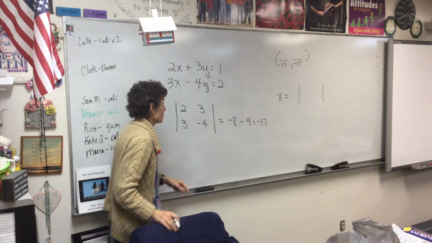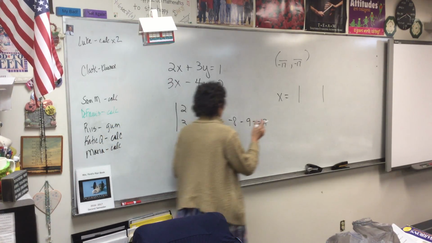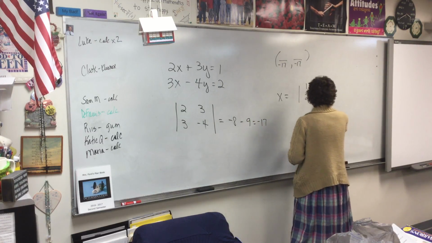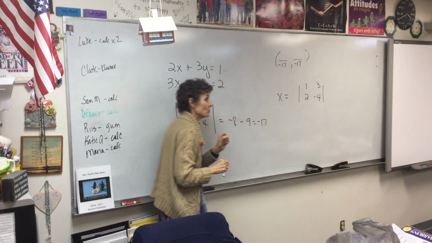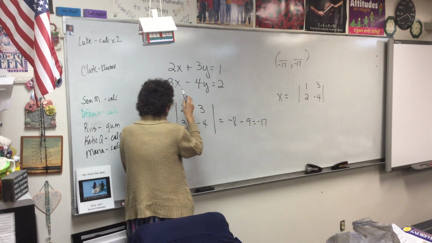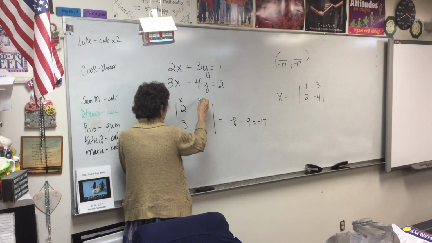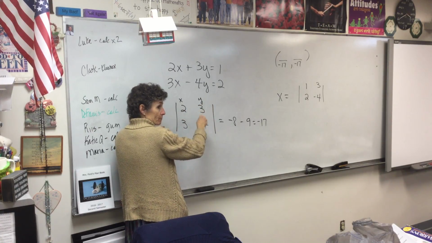Now, to find the x numerator, it is another determinant. But this determinant will be 1, 2, 3, negative 4. Now, how did I do that? Well, these are the x numbers, right? These were the x numbers right here, and these were the y numbers right here.